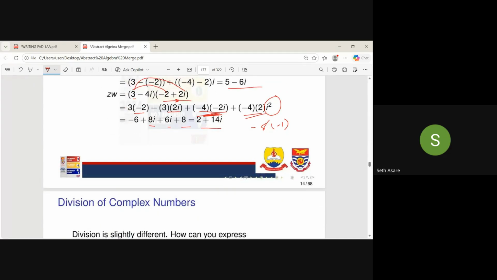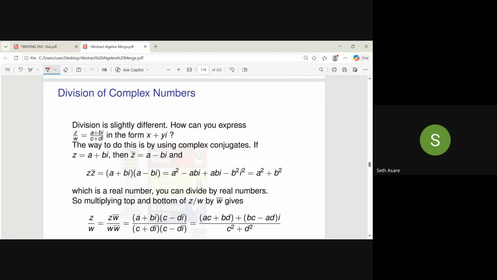Thank you. Now let's talk about, so we know addition, we have talked about subtraction. Let's talk about division. In division, it is slightly different here. How do we express this? We are expressing this one like that.